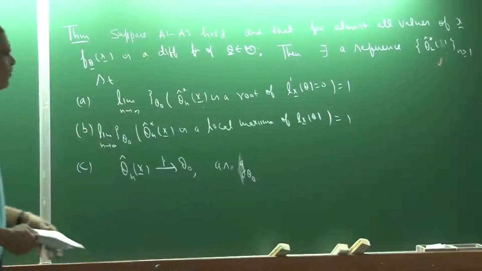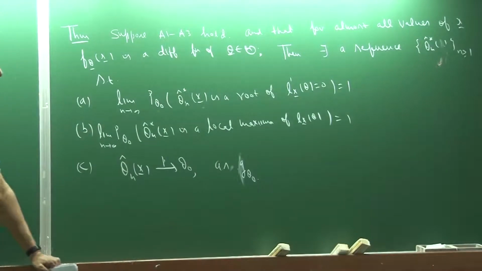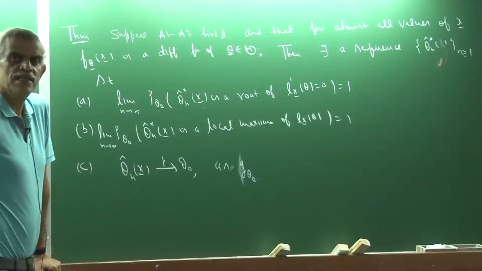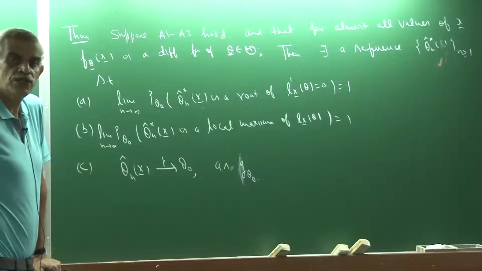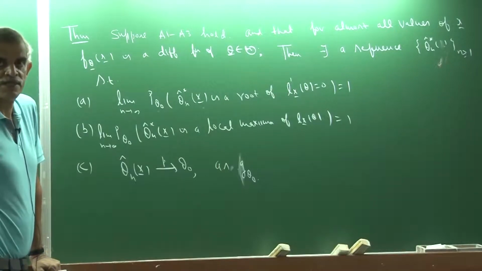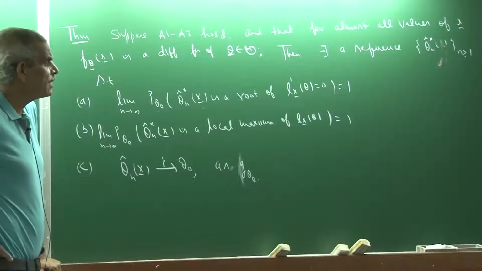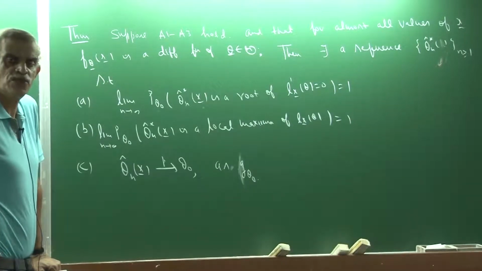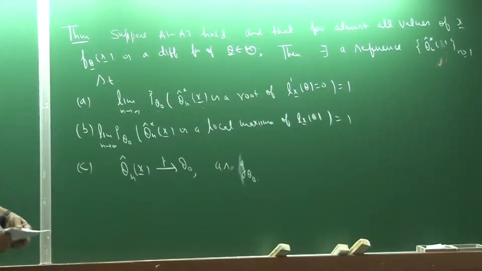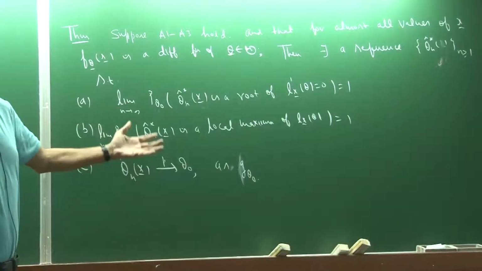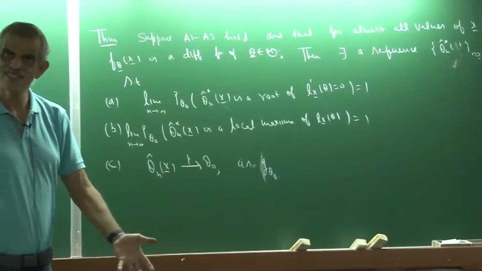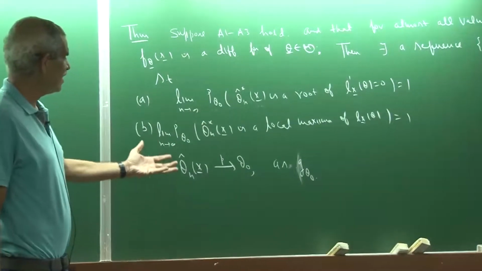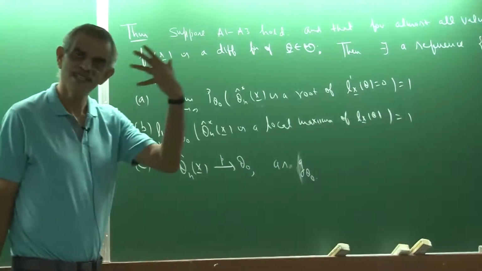So one implication of this could be in situations where your likelihood equation has a unique root for every n and x. So if for every n and x, theta n hat star x is the unique root, then it says theta n hat star x would be a local maxima. Not only that, theta n hat star would also be consistent.